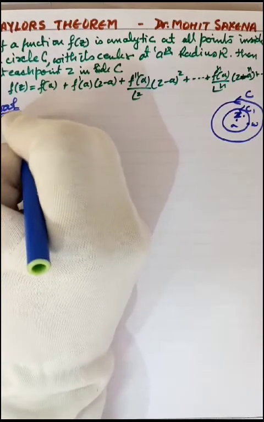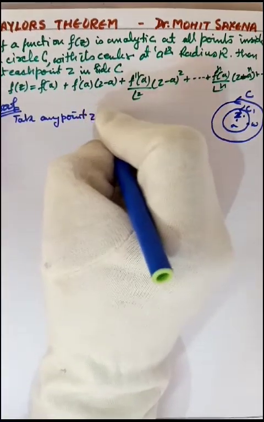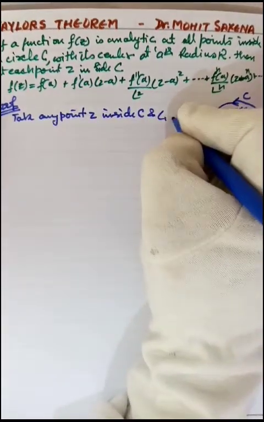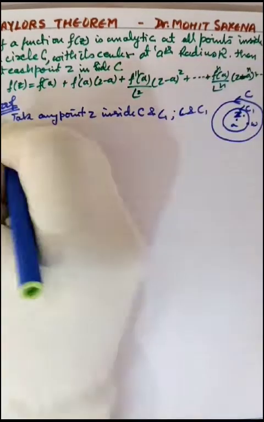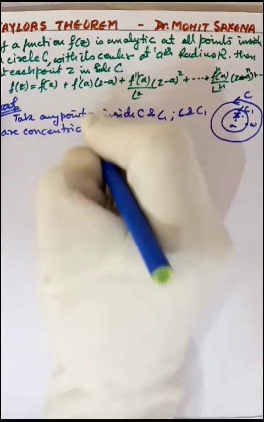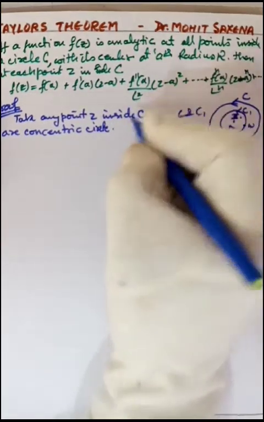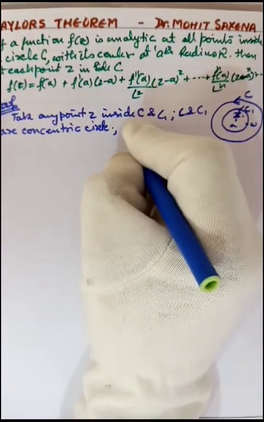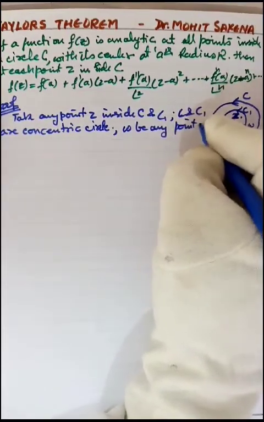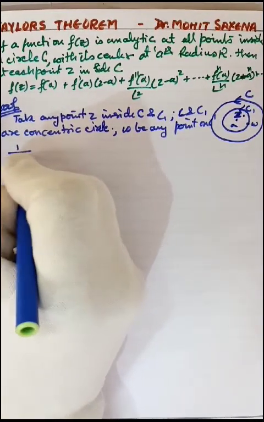Take any point Z inside C and C1, where C and C1 are concentric circles. Concentric circles means the centers of both circles are the same, at A, and W be any point on C1, then 1 upon W minus Z.